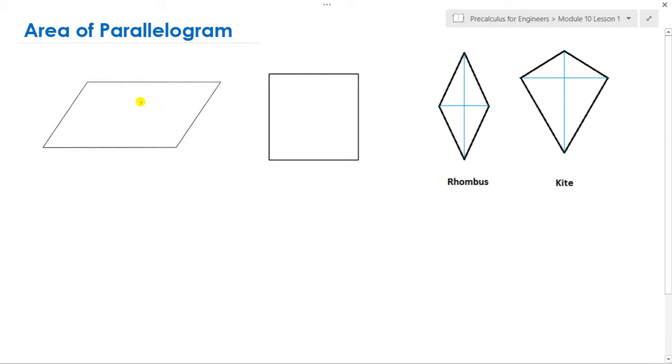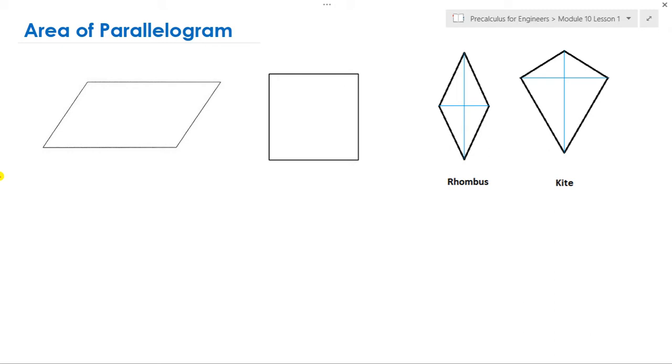Again, a square is a rectangle. All squares are rectangles. And then all rectangles are parallelograms. So, is a rhombus, class, a square? Is a rhombus a square?